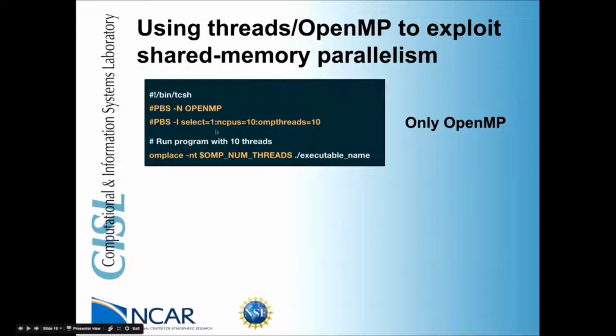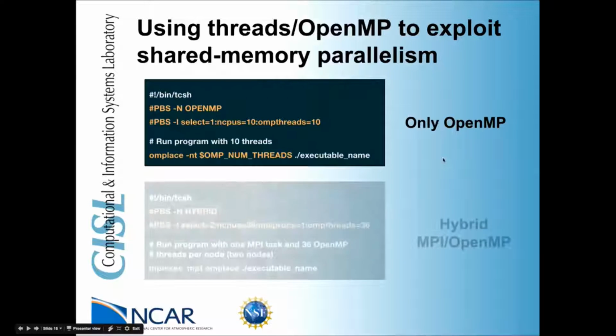I want to use 10 of the 36 CPUs, and I will have 10 OpenMP threads. And the way I can run that, making sure that I'm pinning the threads, is to do omplace -nt, say $OMP_NUM_THREADS. That's an environment variable. I could also just write the number 10, but if I use this variable, I don't have to update that if I change my number of threads up here. So it's just a little more convenient. And then the name of the binary.